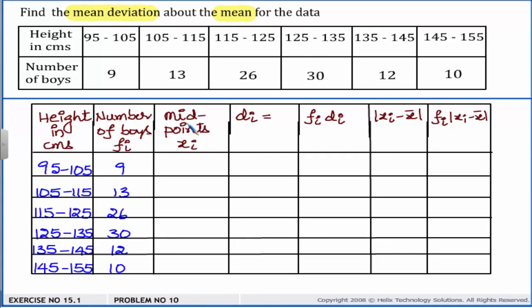Now let us find out the midpoints of the height, or you can say the given class, which is equal to 100, 110, 120, 130, 140, 150. Let the assumed mean be taken as 130. Let us write it here.